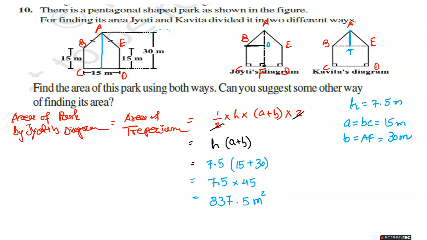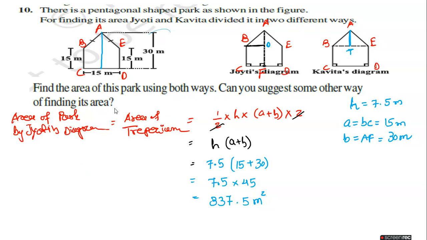So simple. It's so simple. No, wrong. 15 only you will get. See this diagram, first the main diagram.